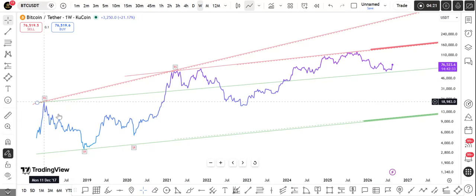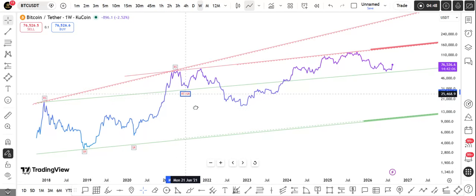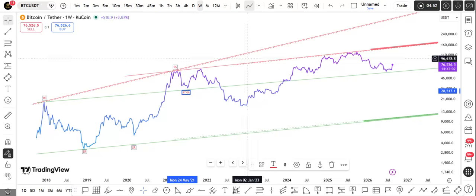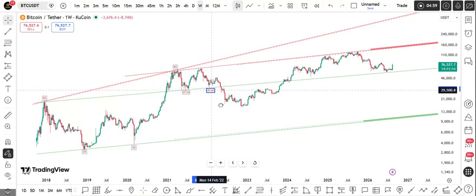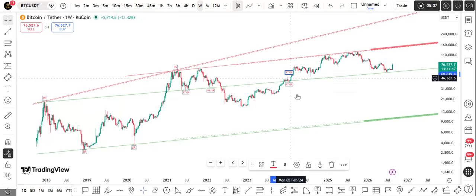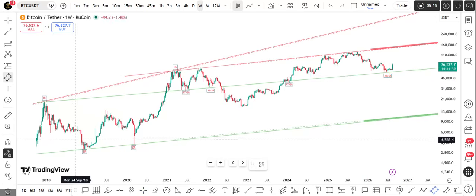So this is a common resistance becoming support and break of structure. So that's a technical zone for market reaction.